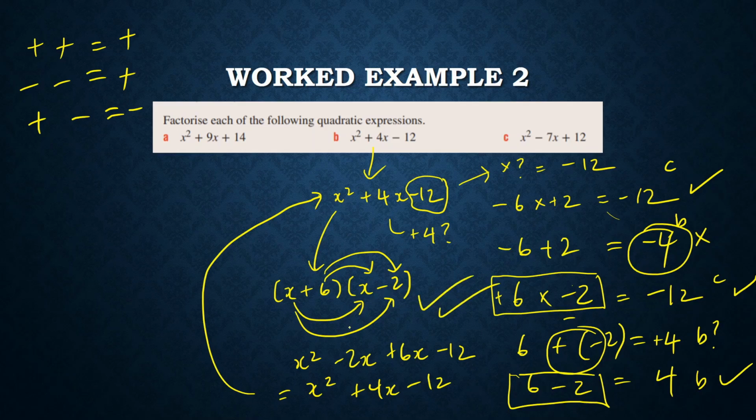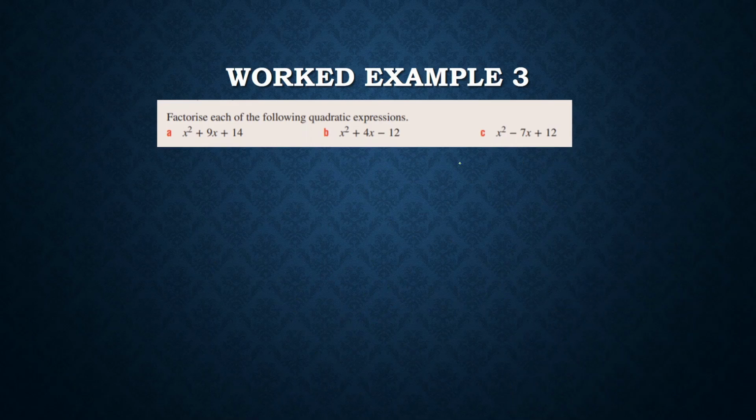So now we're going to do number C. So C is x squared minus 7x plus 12. I always like to start from the one that is at the end, so our little letter C. So we're looking for what times the same numbers will equal 12, but added together will equal negative 7.